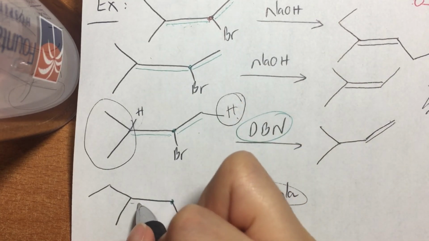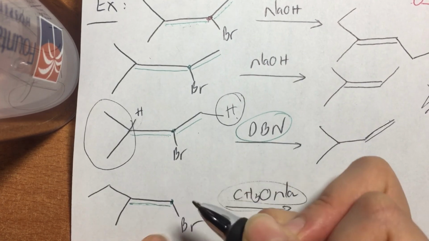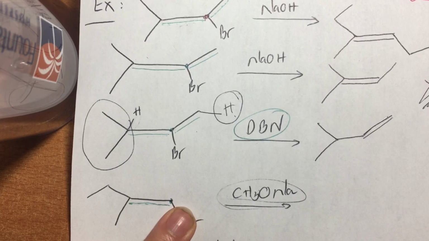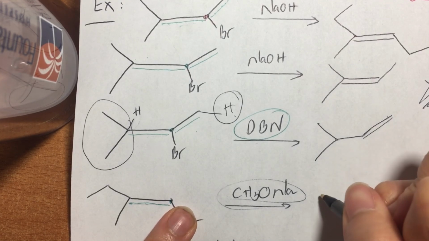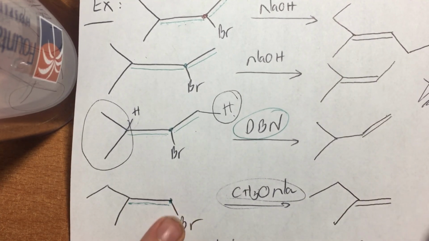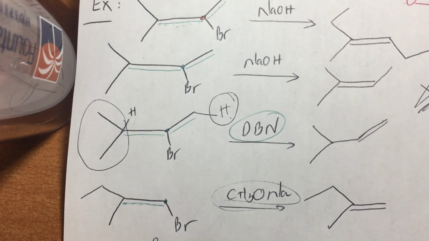There's only one way to form the double bond, right here. There's no other way. So in here, I don't have a Zaitsev or Hofmann product. I only have one way to form my product, so this is the only product that forms. Then there's no distinction between Zaitsev or Hofmann.